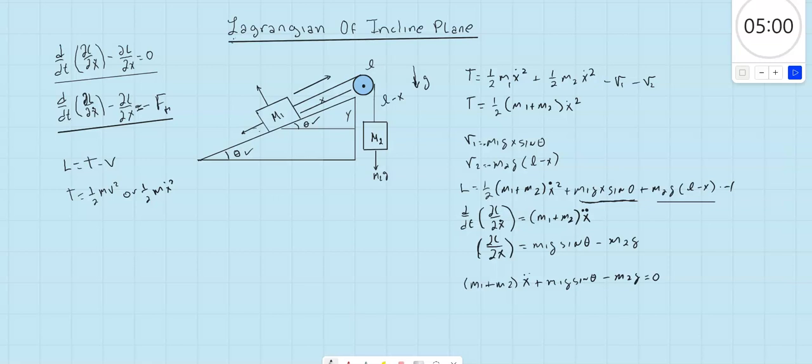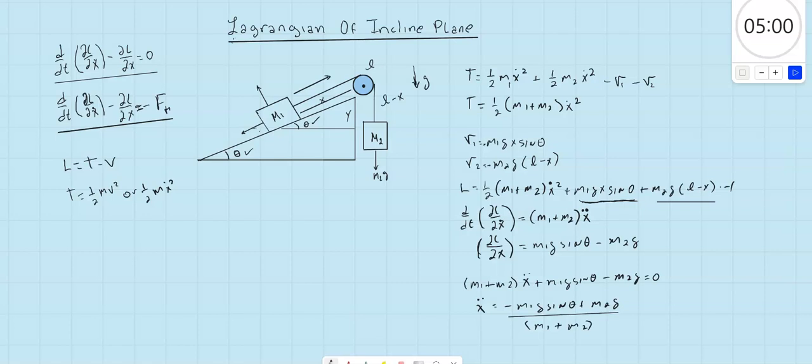So if we want to find our x double dot, our acceleration, it will be minus m1 g sine theta plus m2 g, all over mass 1 plus mass 2.